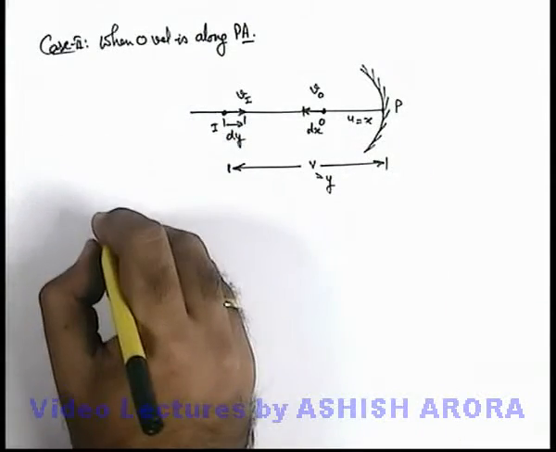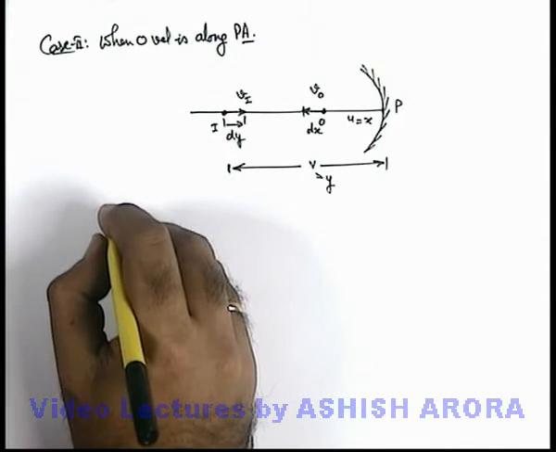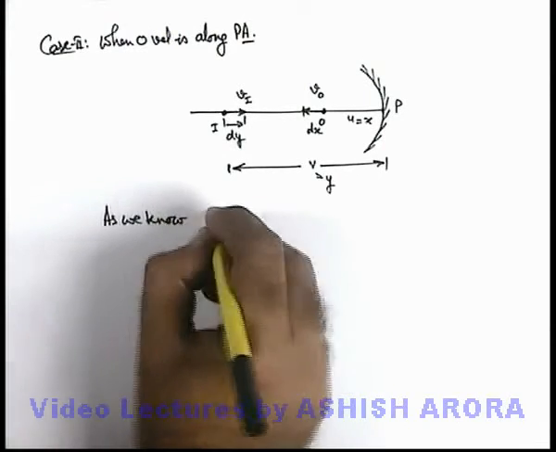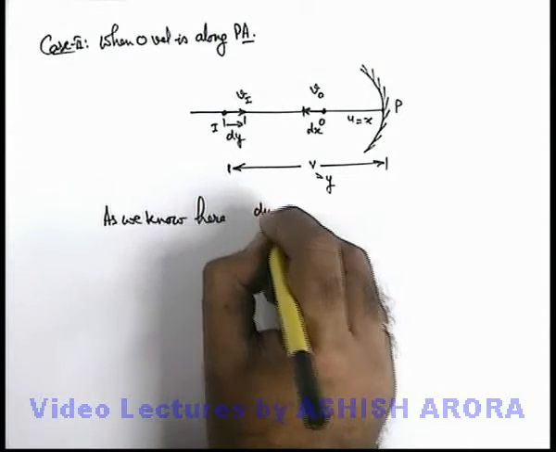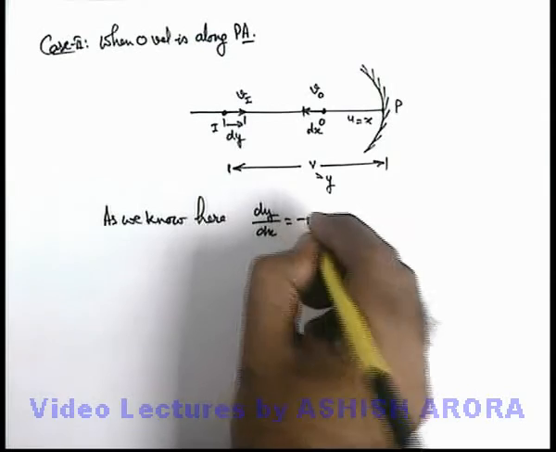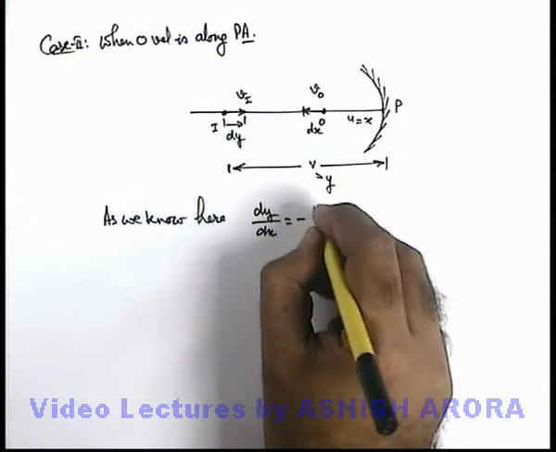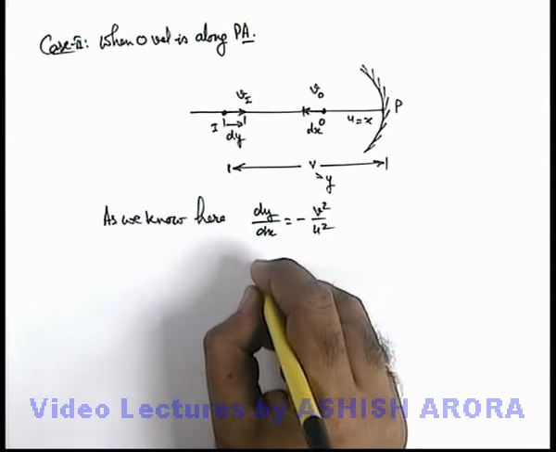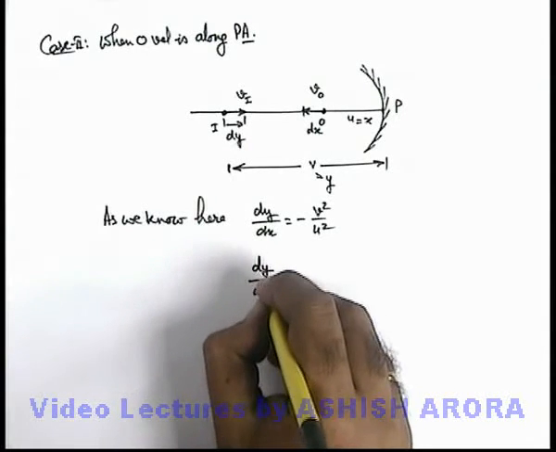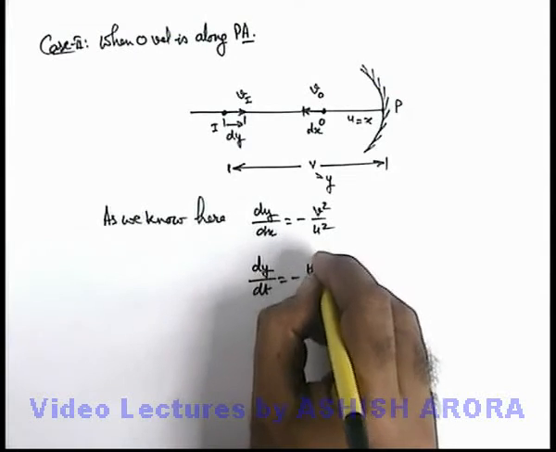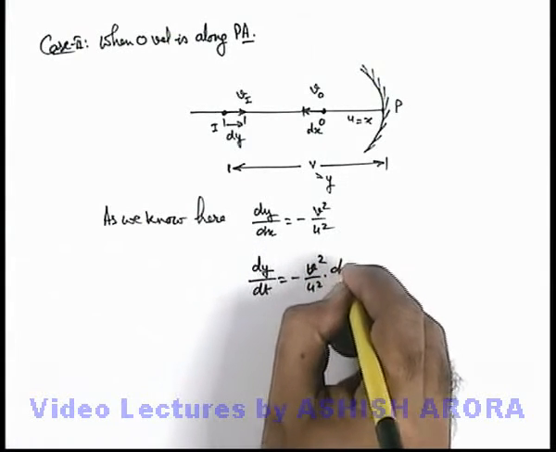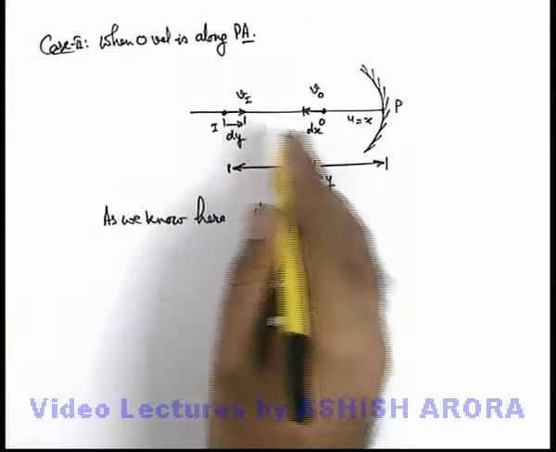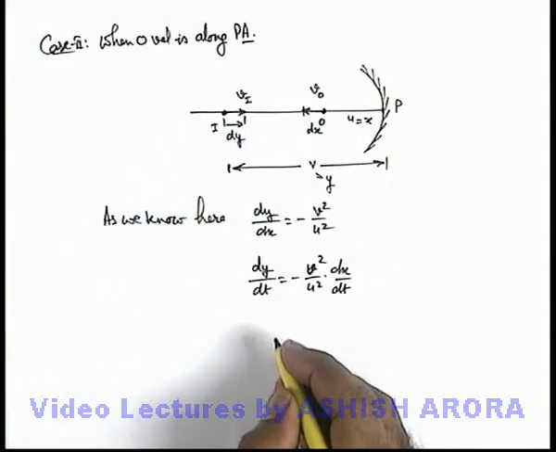So as we already discussed in longitudinal magnification, dy by dx is written as negative of y square by x square, that is v square by u square. So here we can rearrange the terms and we can write dy by dt is negative of v square by u square into dx by dt. A negative sign is just giving us the idea that the direction of image is opposite to that of object.